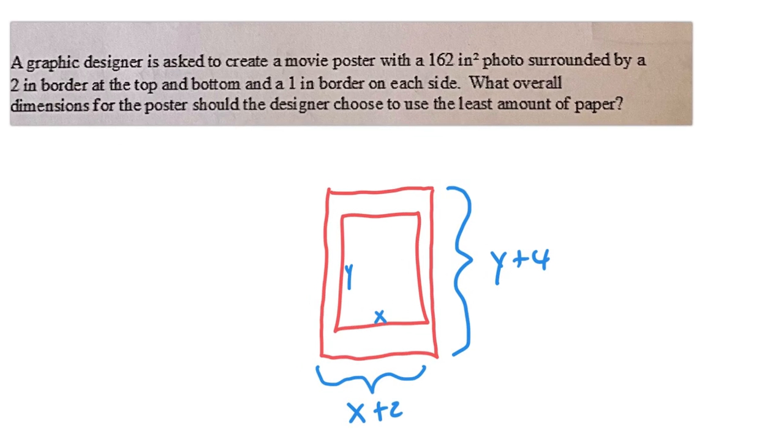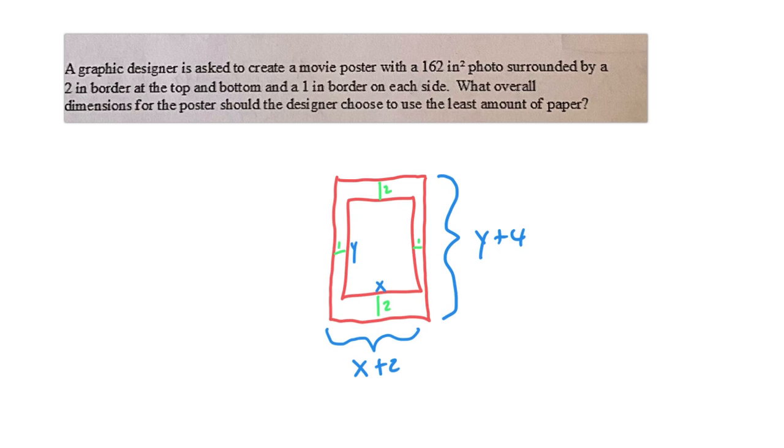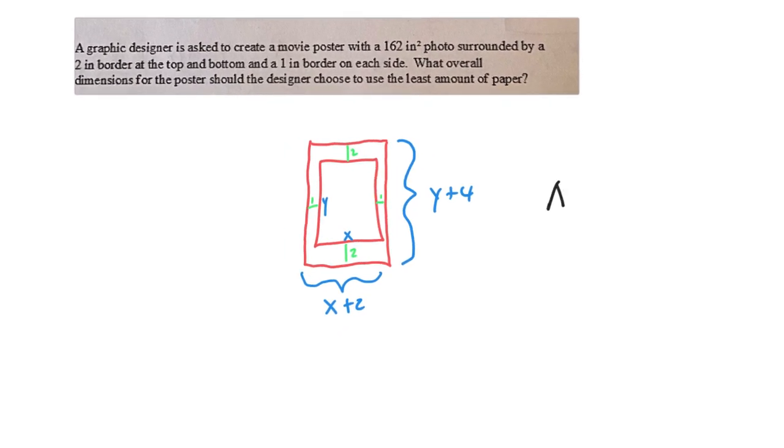Now the reason for that is because this is a 2-inch thing, so therefore it's Y plus 2 plus this 2, giving me the entire Y plus 4. I think my student watching probably understands that's 1 inch, that's 1 inch. So that's going to be x plus 1, giving me x plus 2. Now, we know that the area of the whole poster is most definitely going to be x plus 2 times y plus 4.